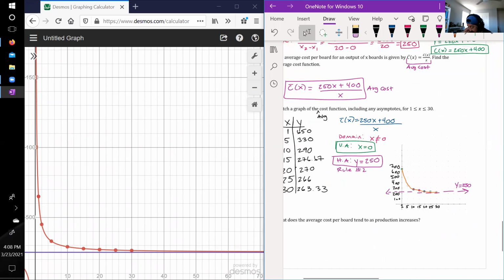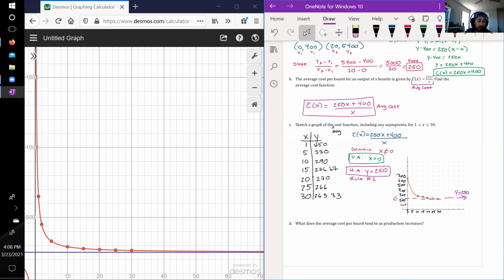It says, what does the average cost per board tend to as production increases? Well, that means look at the horizontal asymptote of your average cost function. We see that as we produce 30 boards, the cost starts to get closer and closer to that horizontal asymptote of 250, as you see on my graph and on the graph to the left.